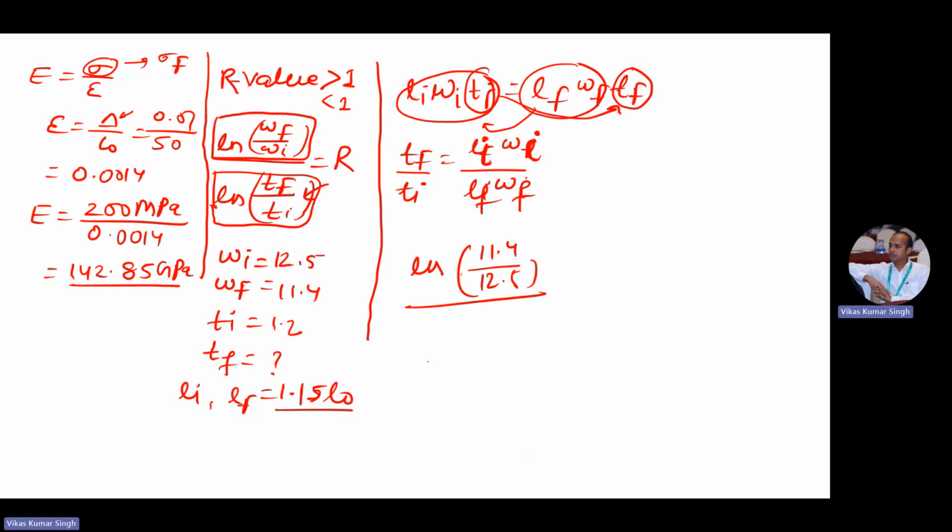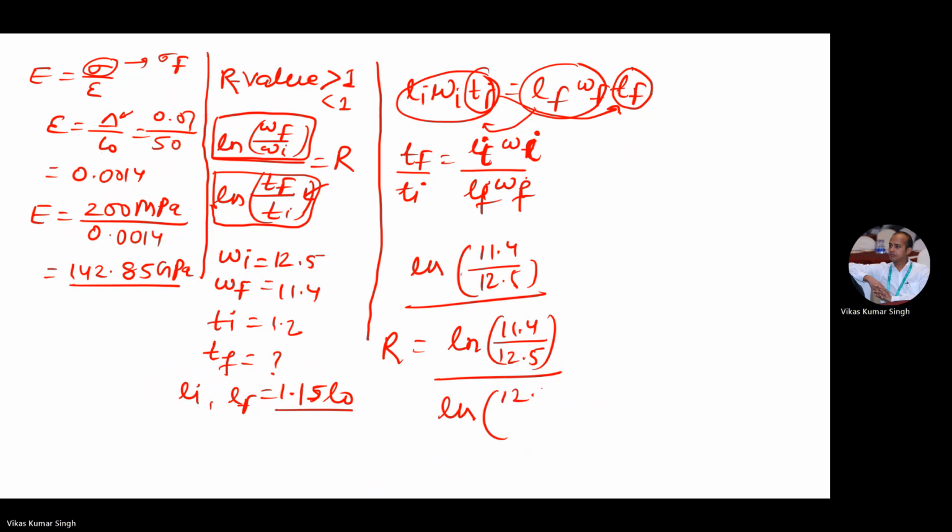So if we put all this into the formula, we are going to write ln of 11.4 by 12.5, divided by ln of 12.5 into 50 divided by 11.4 into 57.5. 57.5, because this value is going to come 57.5 if we put L equal to 50.